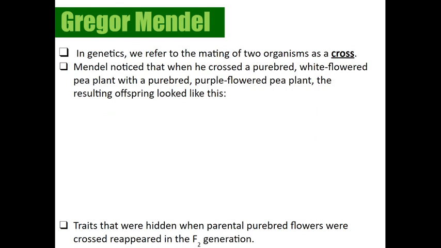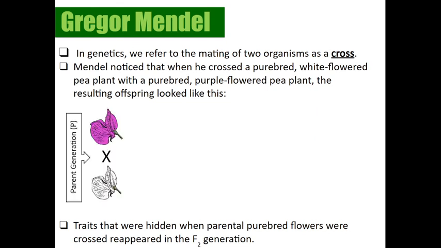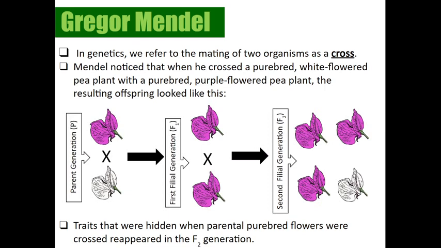Mendel noticed that when he crossed a purebred white flowered pea plant with a purebred purple flowered pea plant, the resulting offspring looked like this. So, traits that were hidden when parental purebred flowers were crossed reappeared in the F2 generation.